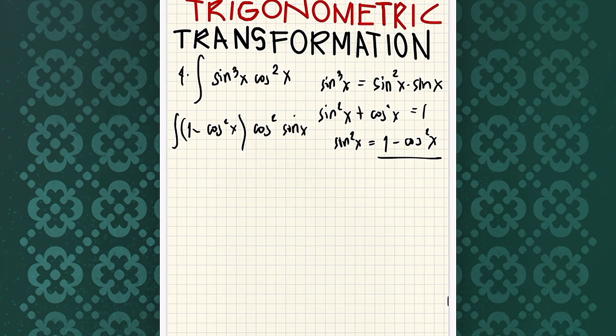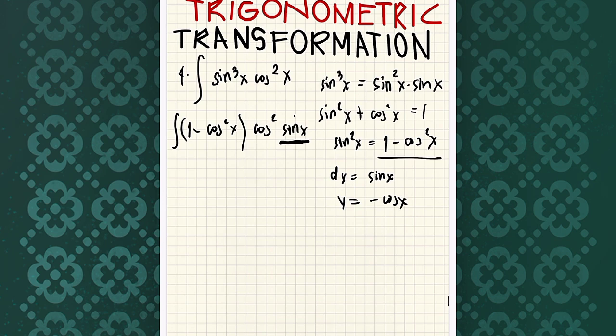So my technique is we will find the integral of sine x, this one. So dv is equal to sine x, which the antiderivative of it is negative cos x.